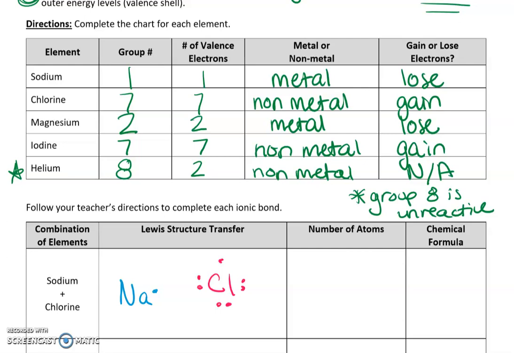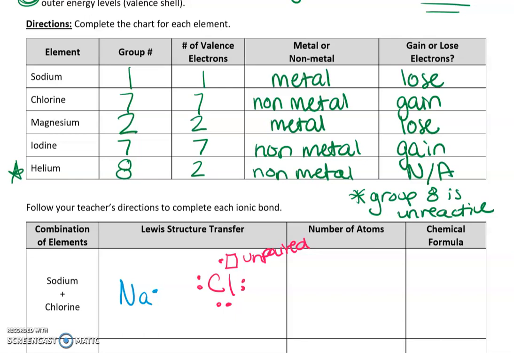You would notice that we have 3 pairs of electrons on chlorine that are already paired up. However, there's this one space that is an unpaired electron. If we think back, all atoms want to have 8 valence electrons, and chlorine only has 7. It has this one unpaired electron, so it needs an electron to fill it.